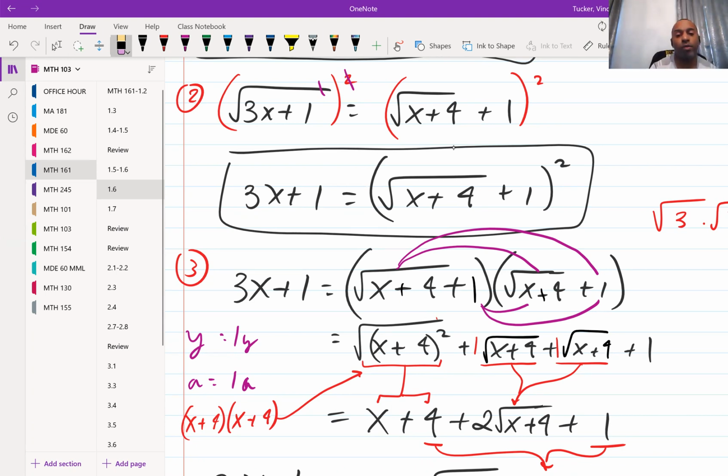So it's going to be the square root of x plus 4 squared, because x plus 4 times x plus 4 is just x plus 4 squared. Then the square root of x plus 4 times 1 is just the square root of x plus 4. 1 times the square root of x plus 4 is just the square root of x plus 4. And then 1 times 1 is just 1. So make sure we're okay with that foiling before we go any further.